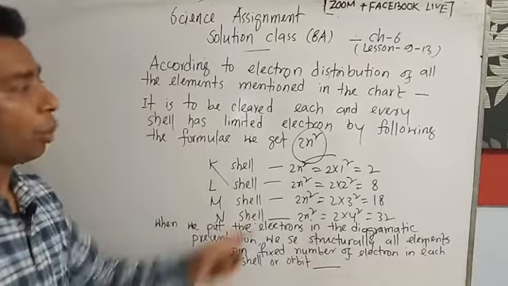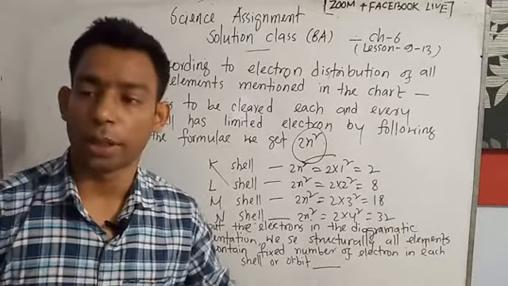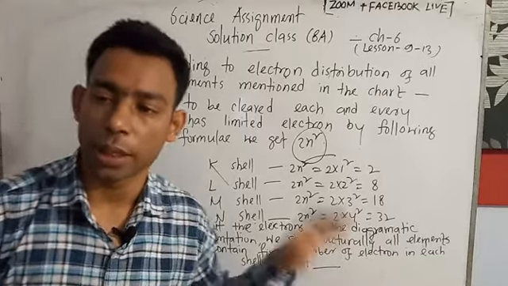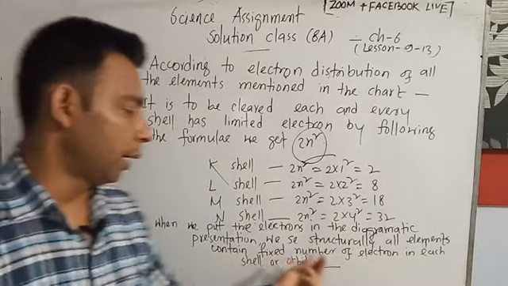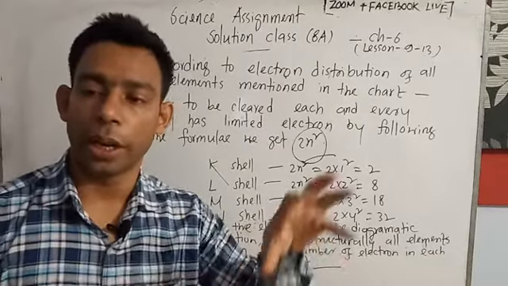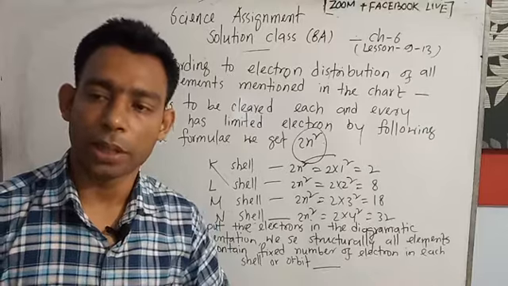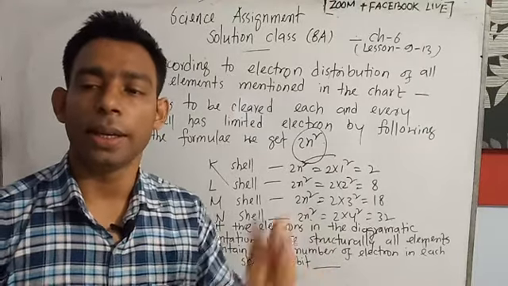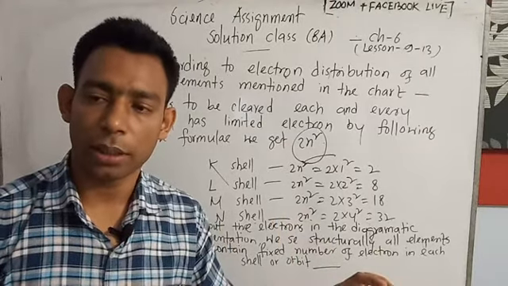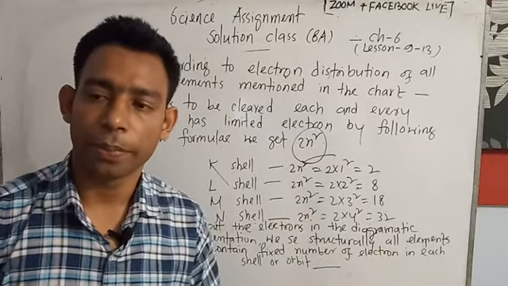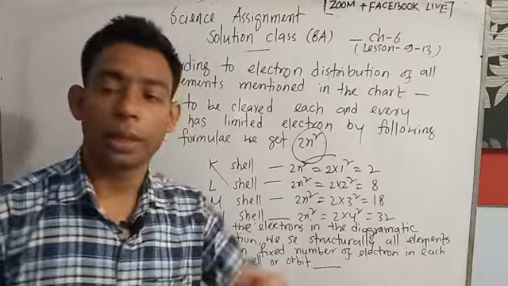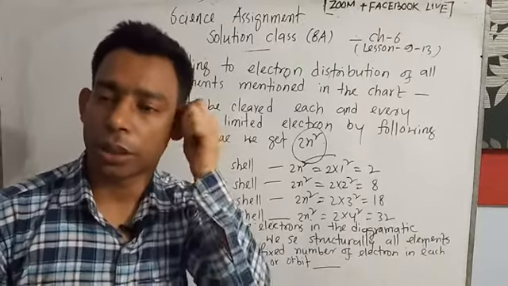And according to this, we can say that there is a fixed number of electrons in each and every shell, and that is how they make a structure.